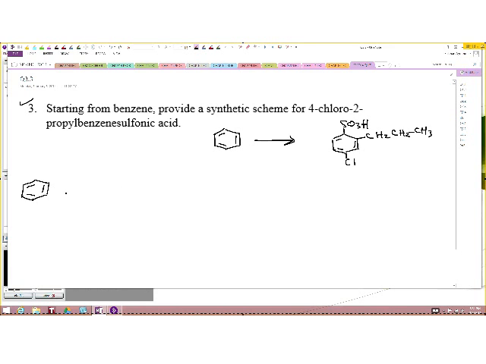You want to do acylation? Let me be consistent here. Let's put it right here.